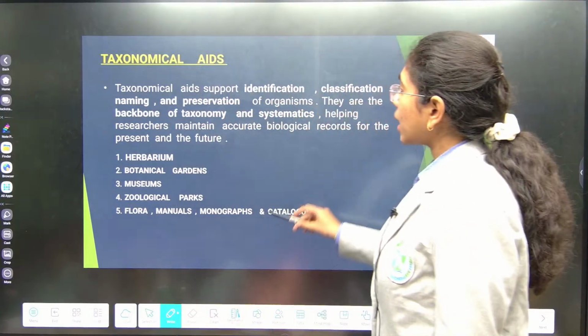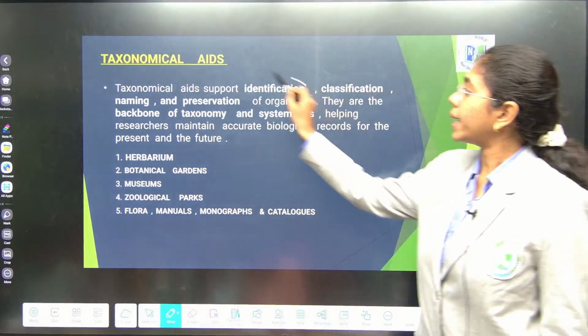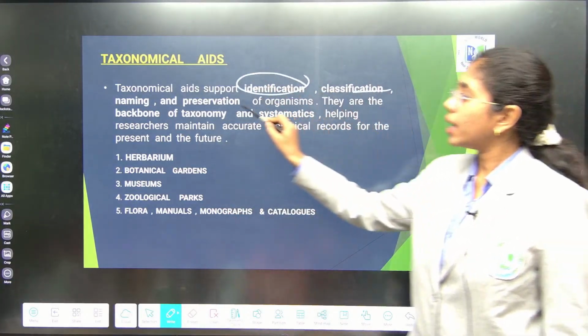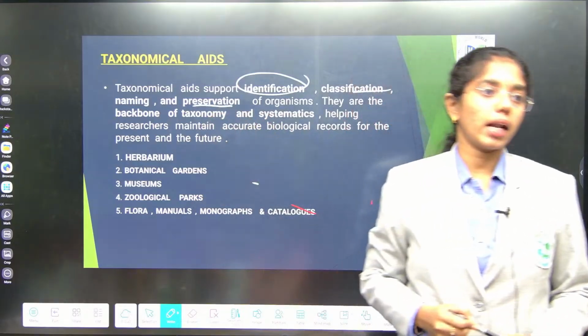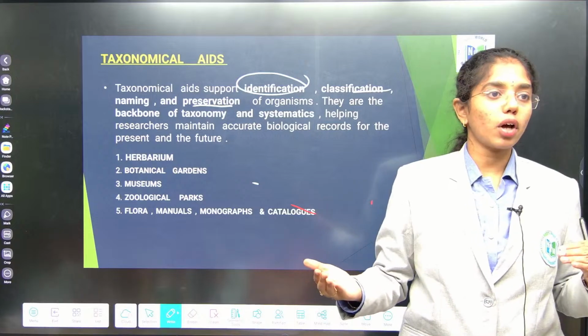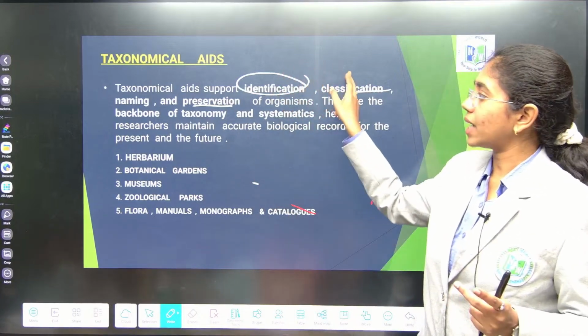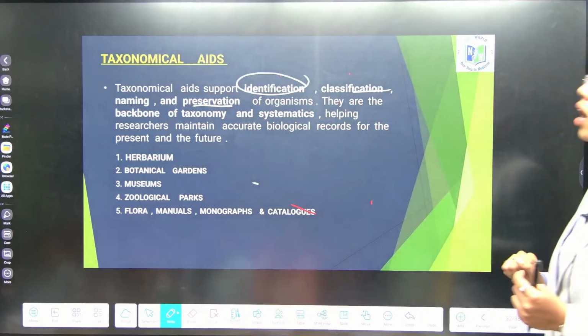Okay. Taxonomic aids will help you to identify, classify, name and preserve different organisms. Based on those you will classify different organisms. It will help in all these processes: identification, classifying, naming and preserving the organism.